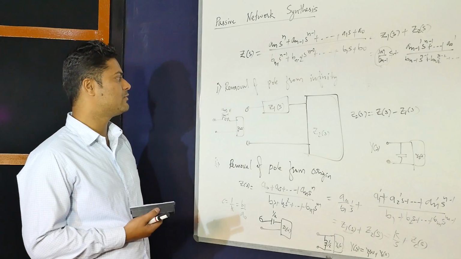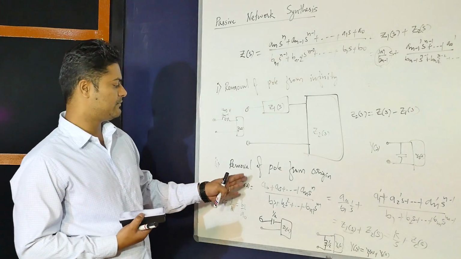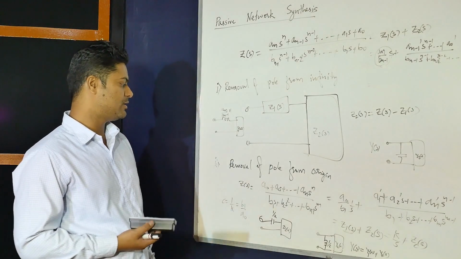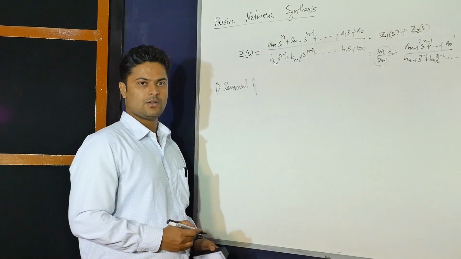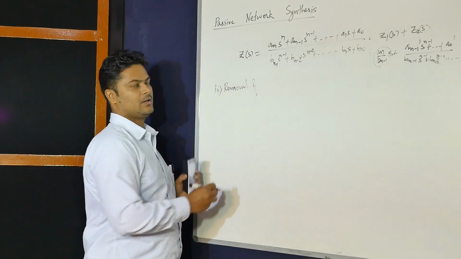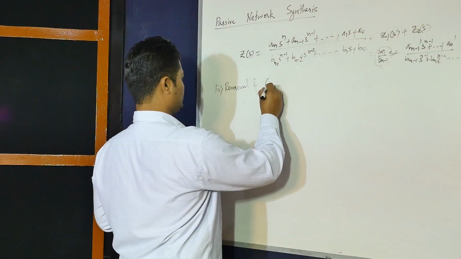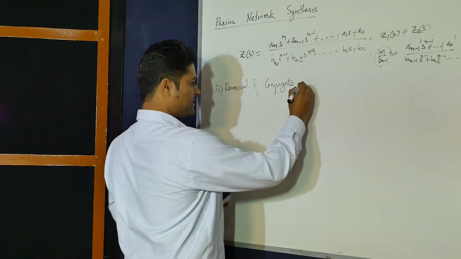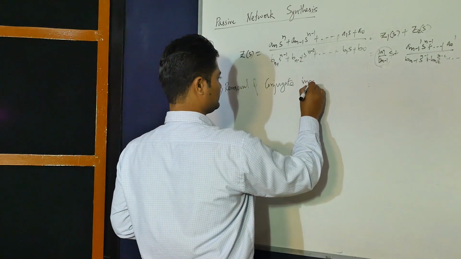There are two more. One is removal of conjugate imaginary poles, and the last one is removal of a constant. So the third one is removal of conjugate imaginary poles.